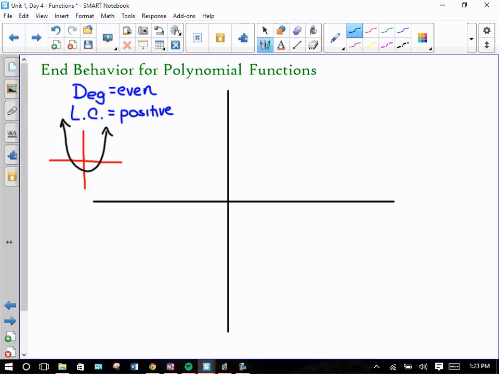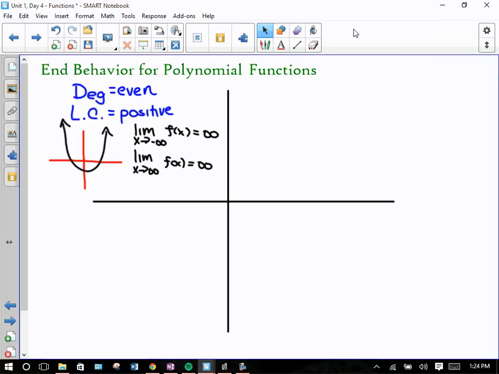When I say something like this, I'm referring to the end behavior. Your end behavior will take on this type of end behavior, meaning that the limit as x approaches negative infinity of f of x is equal to positive infinity, and the limit as x approaches positive infinity of f of x is equal to infinity.